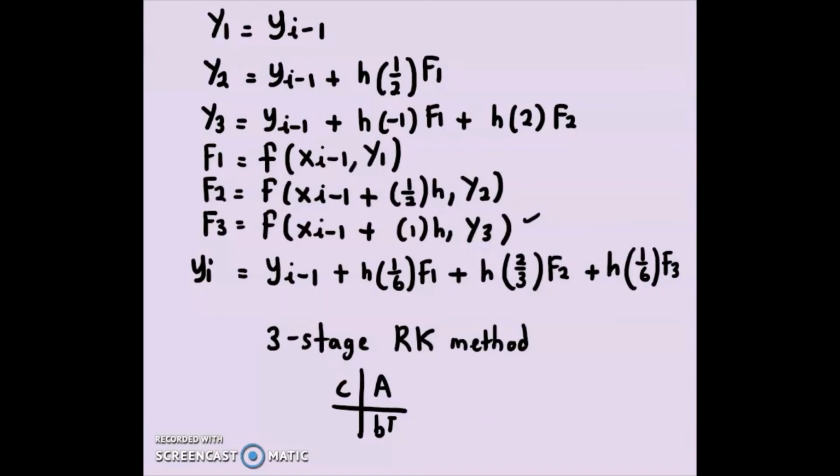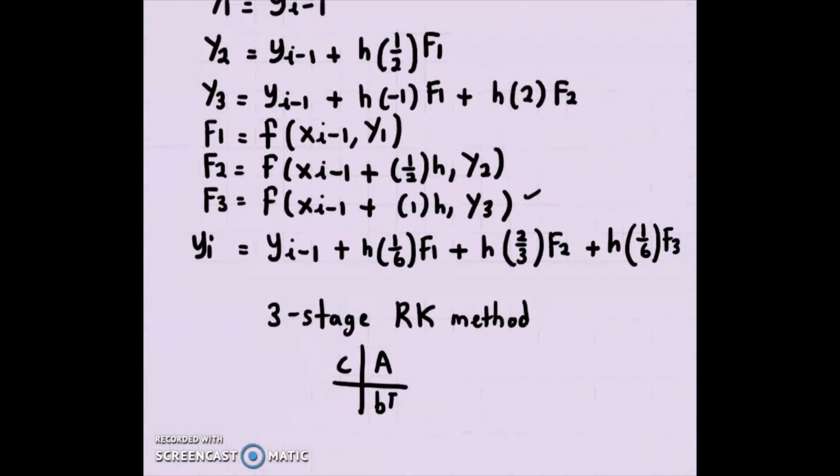Or if I'm given a defining equation here, I should be able to write down my Butcher tableau, vice versa. Okay, so this is all about the Runge-Kutta method that you have learned. Now, let's just quickly recall the Runge-Kutta methods before I end this video.